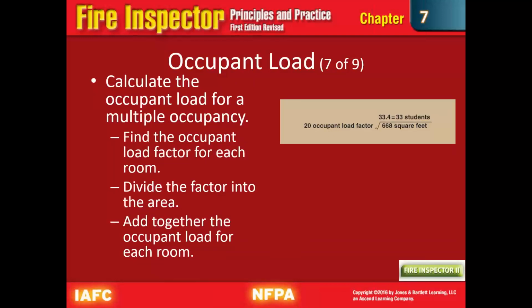All right, for the occupant load, now this is to calculate for a multiple occupancy. Find the occupant load factor for each room. Divide the factor into the area. And then add together the occupant load for each room. So here's where it gets a little tricky. You're pretty much taking it bite by bite, splitting it up.